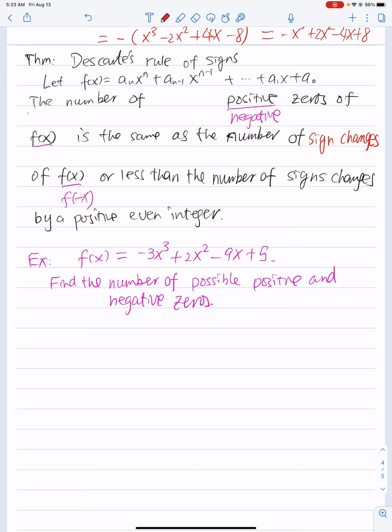So what do we want to do for Descartes' rule? We want to see how many positive zeros and how many negative zeros we have.